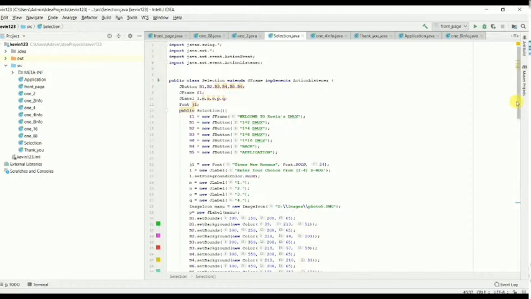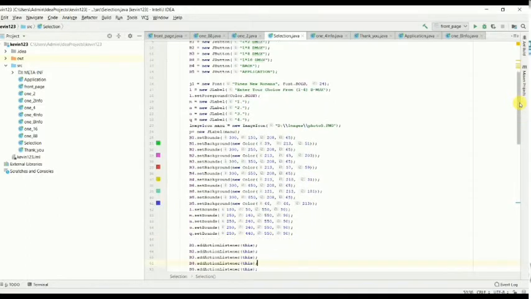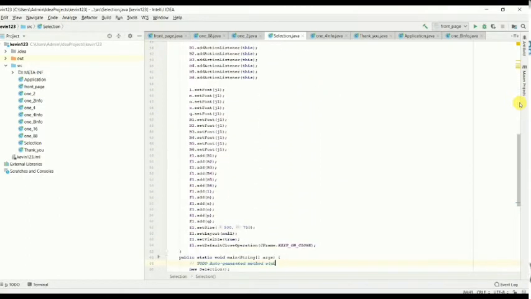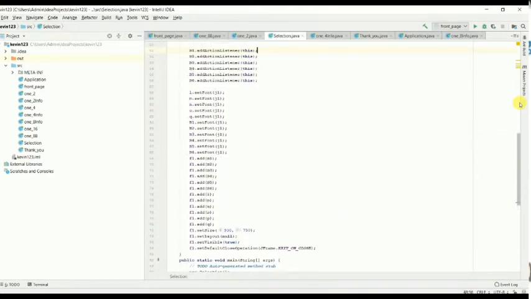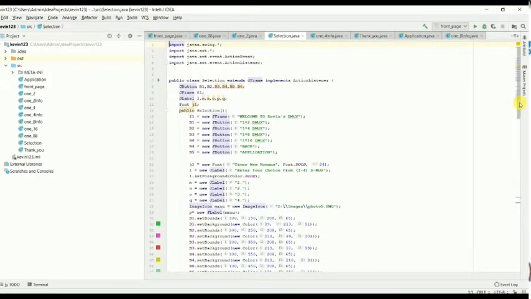Now we go to the code. This is my front page code for the selection of the types of demultiplexer.